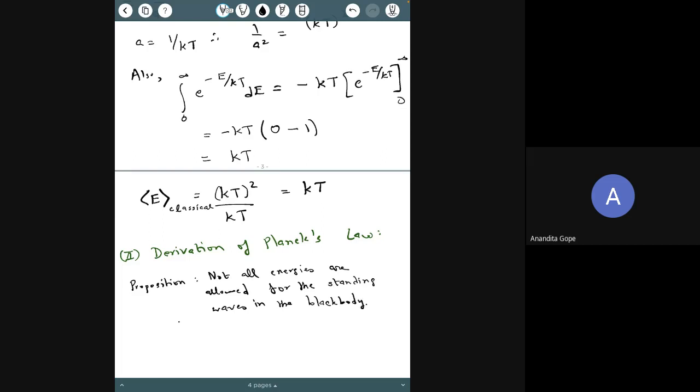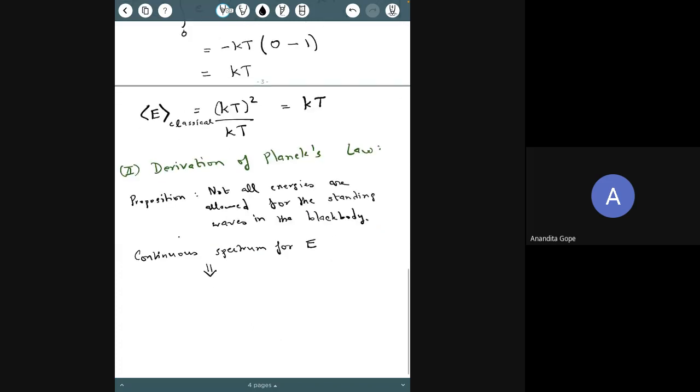So what he proposed was that you don't have a continuous spectrum for E. You have, this was Rayleigh-Jeans, but you have a discrete spectrum.